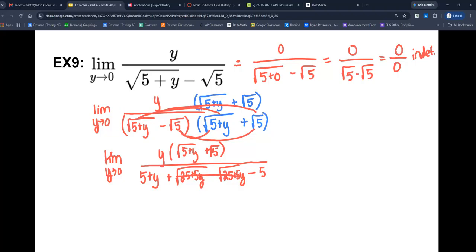Again, I'm okay with you skipping those two middle terms, knowing that we chose the conjugate, so those would cancel out. So now what I'm looking at is y times square root of 5 plus y plus the square root of 5 over 5 plus y minus 5.